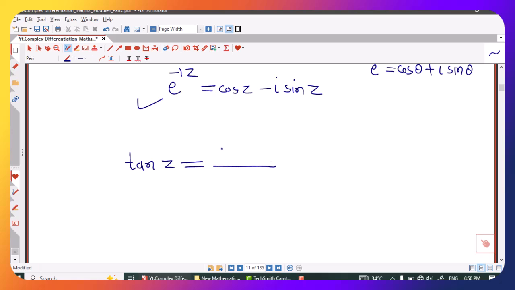We have tan z defined as the ratio of sin z and cos z, which is the same as the definition of the tan function in real analysis. Similarly, cot z is defined as the ratio of cos and sin.